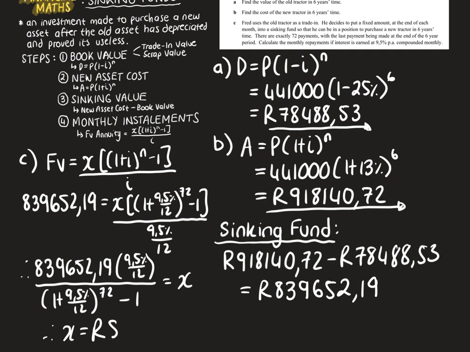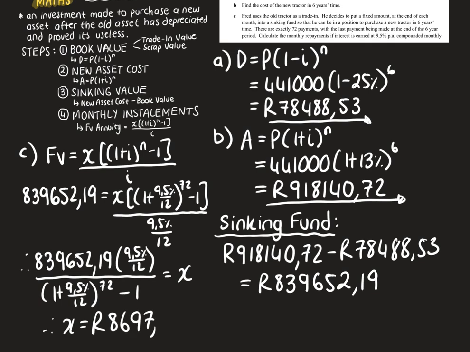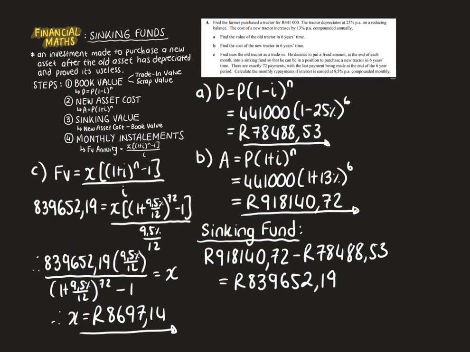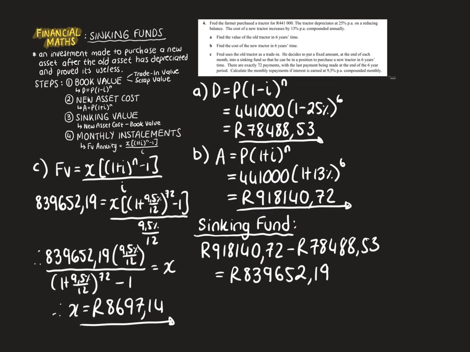Okay, so I'm going to have to put away 8,697 Rand and 14 cents in order to have enough money. So guys, that is a sinking fund. Believe it or not, sinking funds are investments made to purchase a new asset after the old asset has depreciated and proved itself useless. Okay, great.